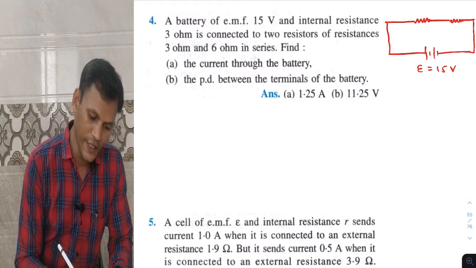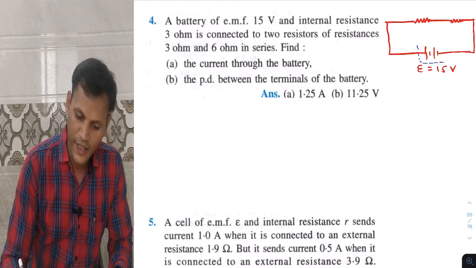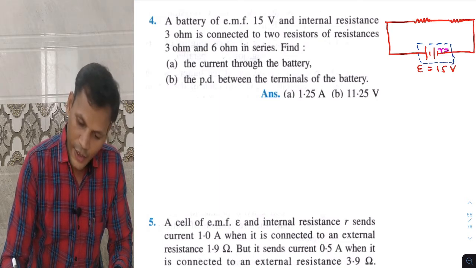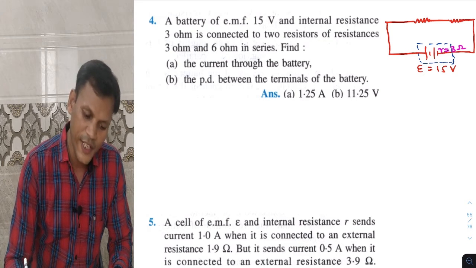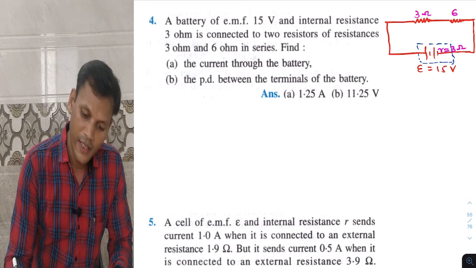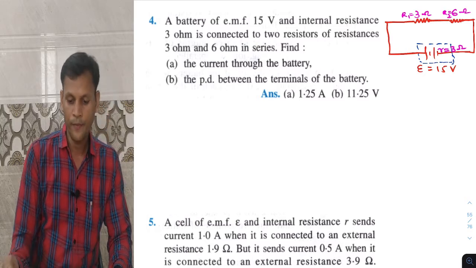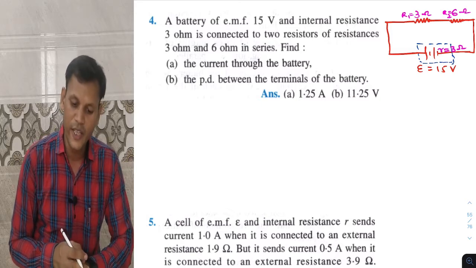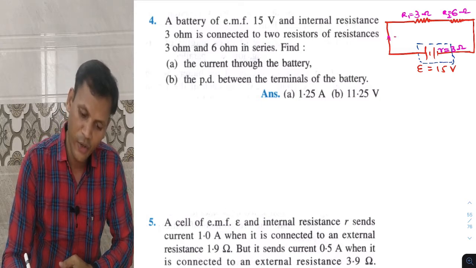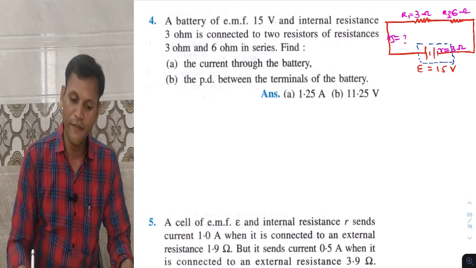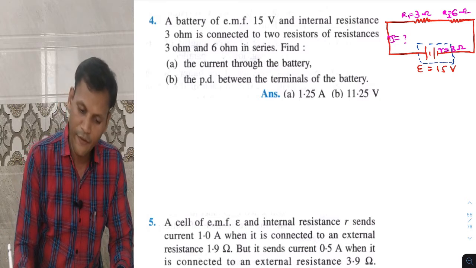I will represent the internal resistance small r as 3 ohm, as given. Two resistances are in series, one is 3 ohm, another is 6 ohm. I will call them R1 and R2. What is to be calculated is the current I and the potential difference. So that information is given.